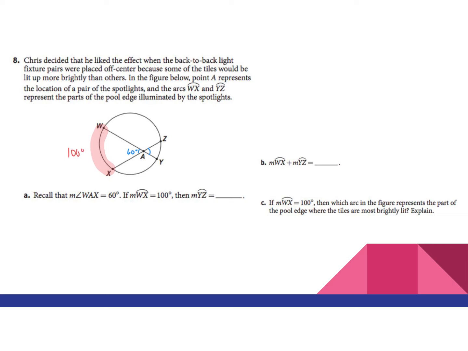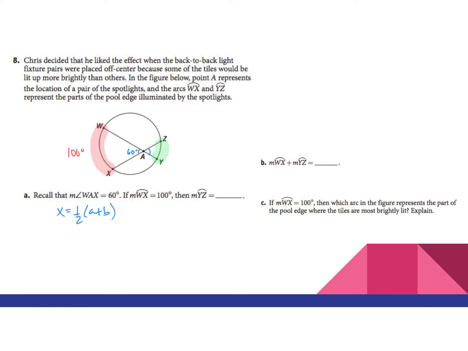It wants us to use the equation that we came up with before to solve now for the measure of that other arc, ZY. So think back to that formula. We could use the general one that we had before we manipulated to find a: x equals 1/2 times a plus b, and then plug in our angle measure, your vertical angle, x is 60.